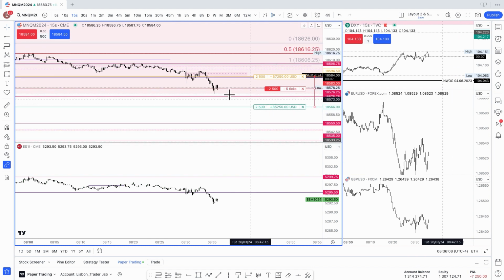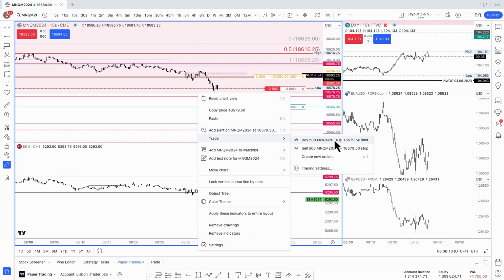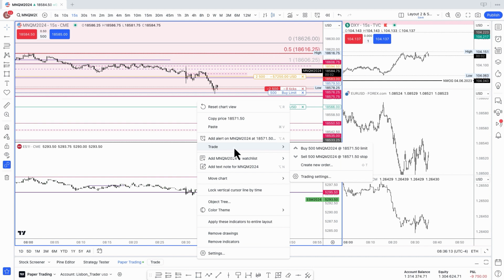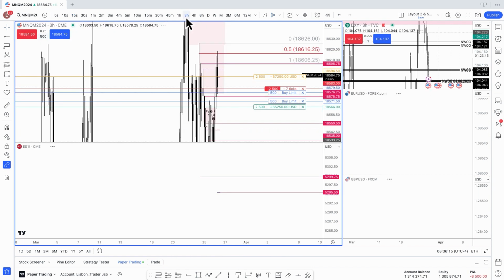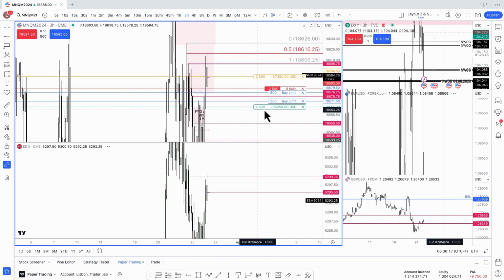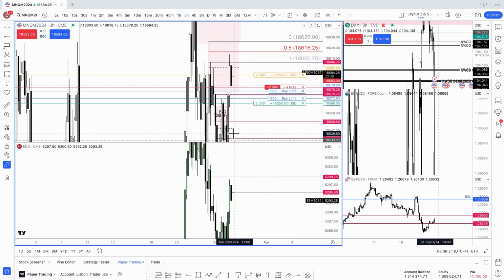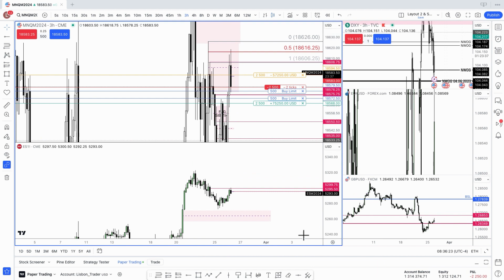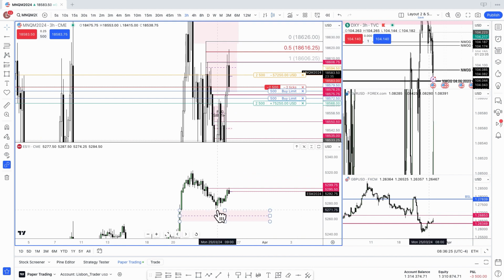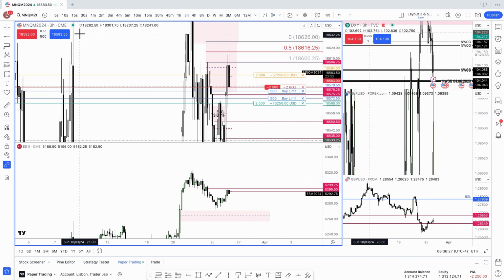And I want to take something off here. Closer to this order block. Let's see how it goes.